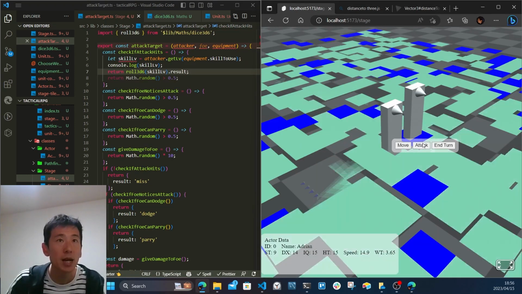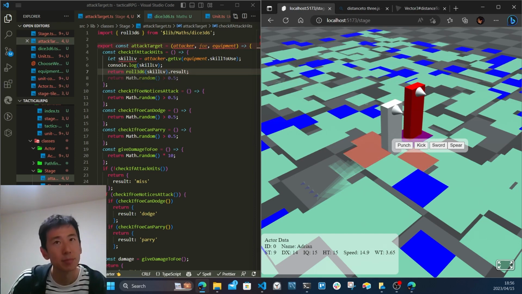Okay, so attack with sword. Skill level 14, that's a hit. Perfect. And then the damage is 1.19. Oh, that's a success. Hit. Let's do one more time. Skill level is 14, but it's a miss.